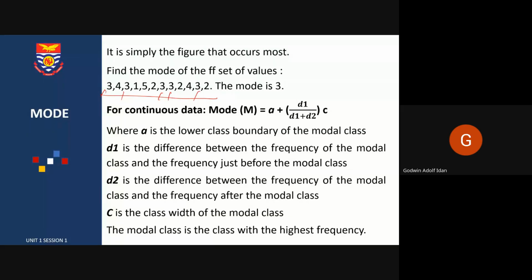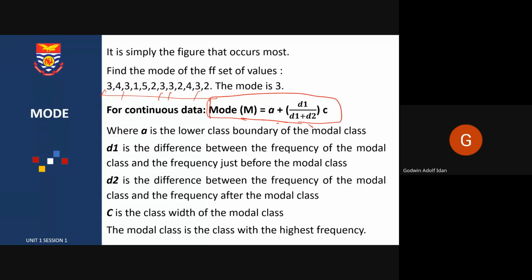Now, when we have grouped data, similar to the median, we're going to rely on a formula. So for grouped data, let's capture the formula. The mode is equal to A plus, bracket open, D1 divided by D1 plus D2, and everything multiplying the class width.